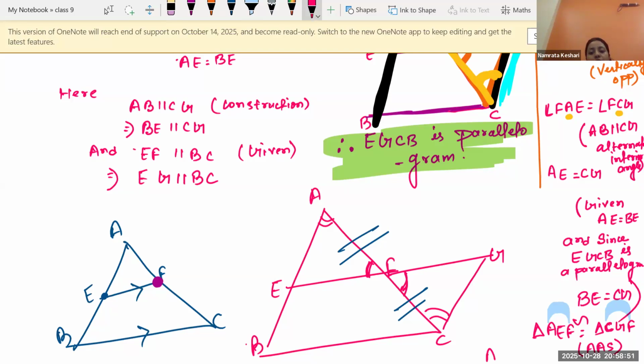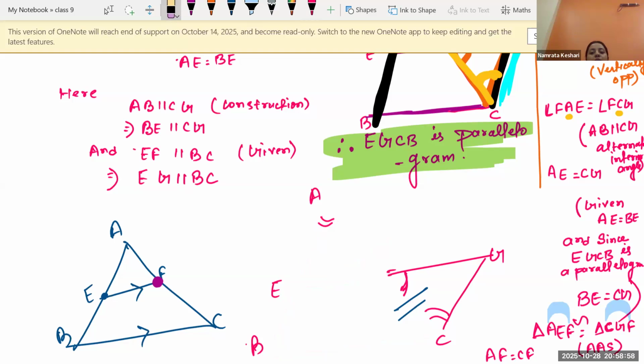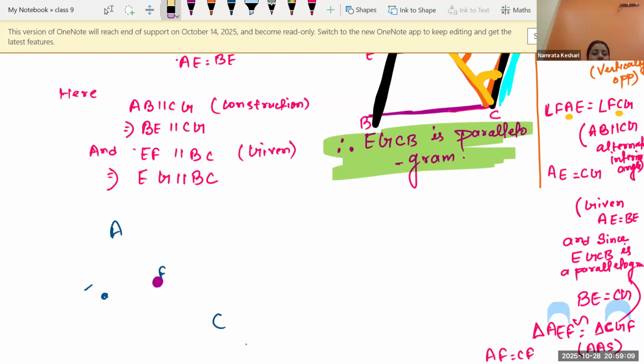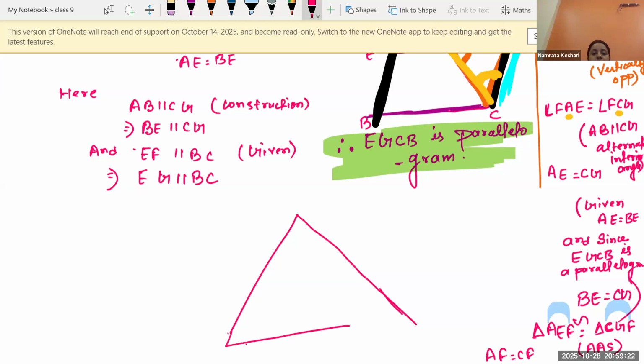Now, from here we can say AF is equal to CF by CPCT. Okay, I'm going to summarize this proof, then I'll give you time to note down everything properly. So let me summarize the proof. At first, we were having a triangle ABC.